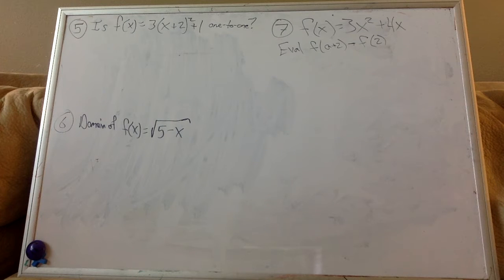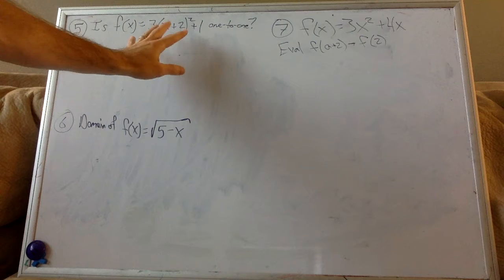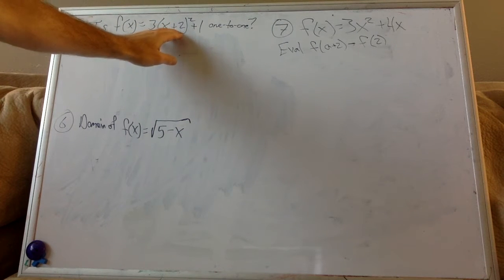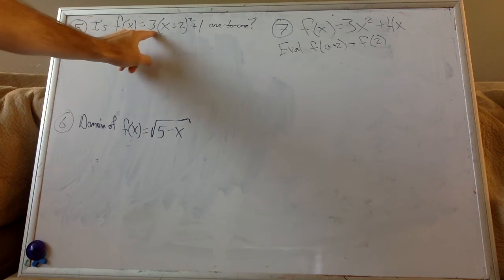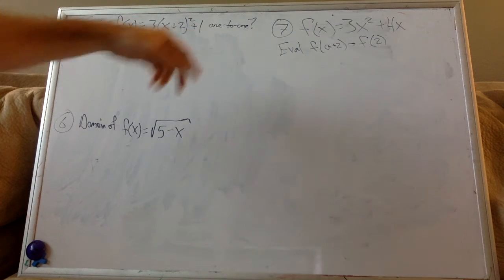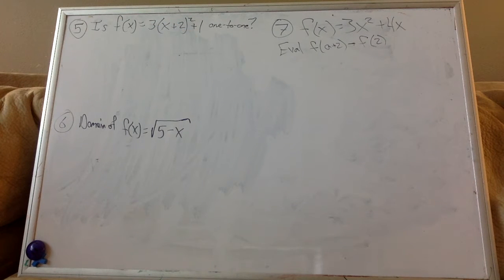Now, if you think about this, we have three things happening: a horizontal shift, a stretching, and a vertical shift. So we want to figure out, where is that vertex? If we just had f of x equals x squared, our vertex would be at 0, 0. And even if we had 3x squared, our vertex would still be at 0, 0. But now we have a horizontal shift.